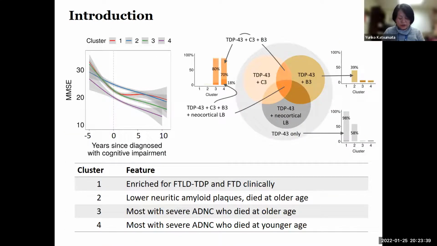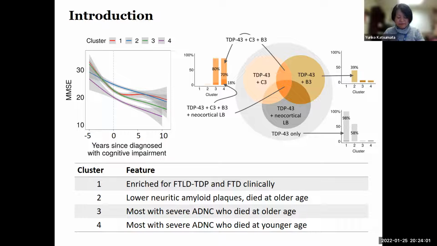Cluster 1 was enriched for FTLD-TDP and FTD clinically. Cluster 2 consists of older people who were LATE cases without severe neuritic amyloid plaques. People in clusters 3 and 4 had high levels of AD neuropathologies.